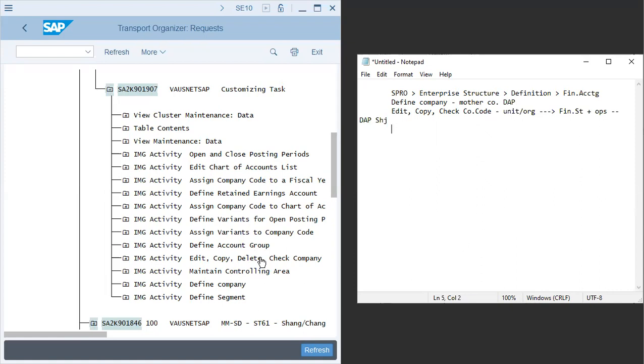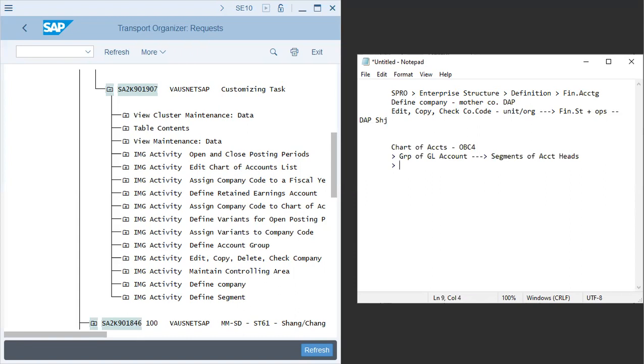Then comes in after company, we have chart of accounts. Chart of accounts, very important. T code is OBC4, if I'm not wrong. Chart of accounts is group of GL accounts. What do you mean by group? Group is segments of account heads like liabilities, income, expenses, assets.